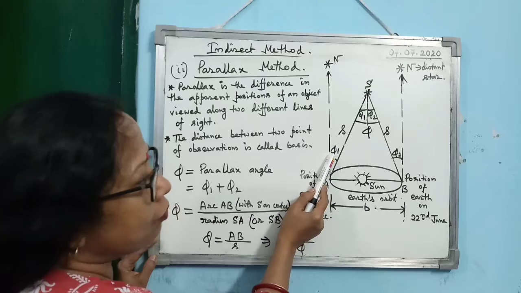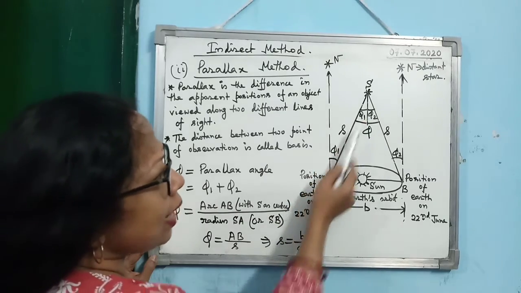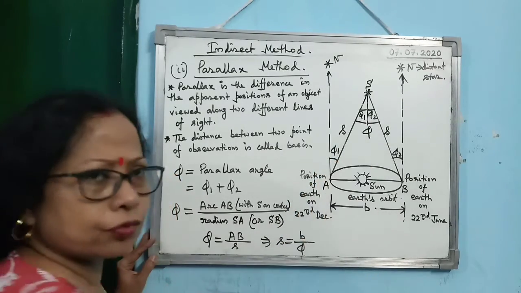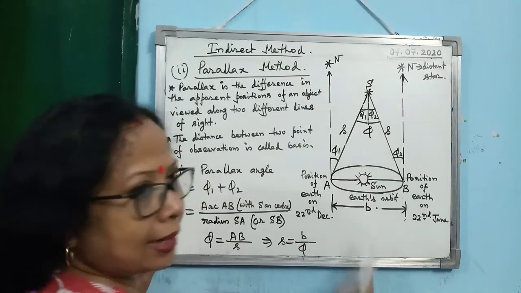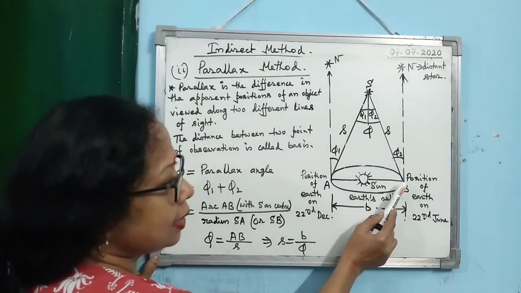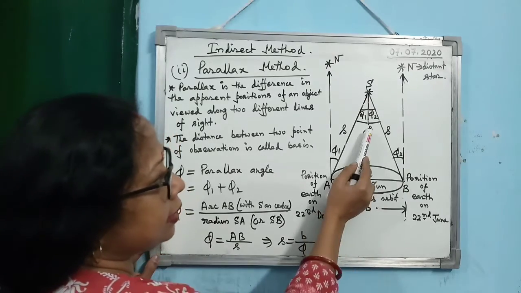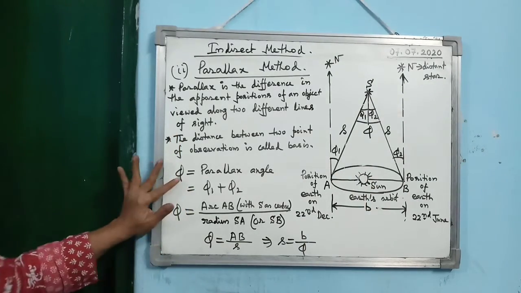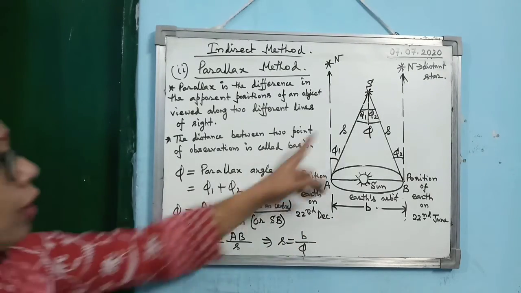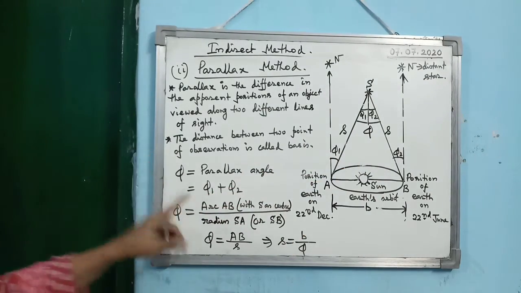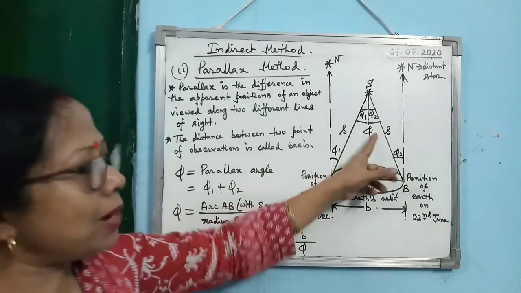If this is phi 1, again these two angles are alternate angles, so this is also phi 1. So you see the total angle subtended when you change the line of sight. This is phi, and this phi is known as the parallax angle. From the diagram it is clear that phi is equal to phi 1 plus phi 2.